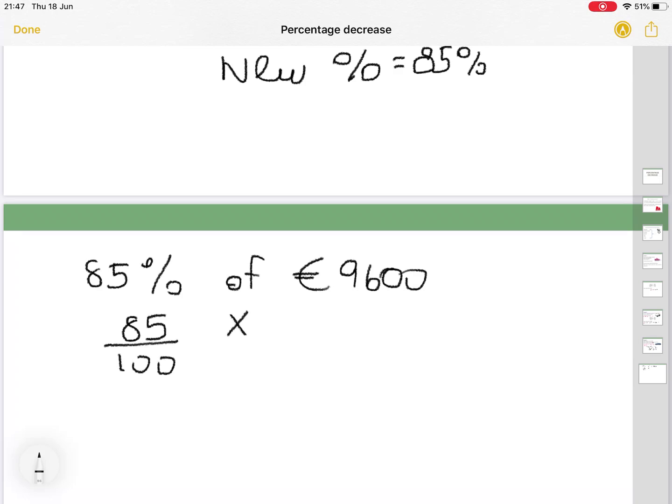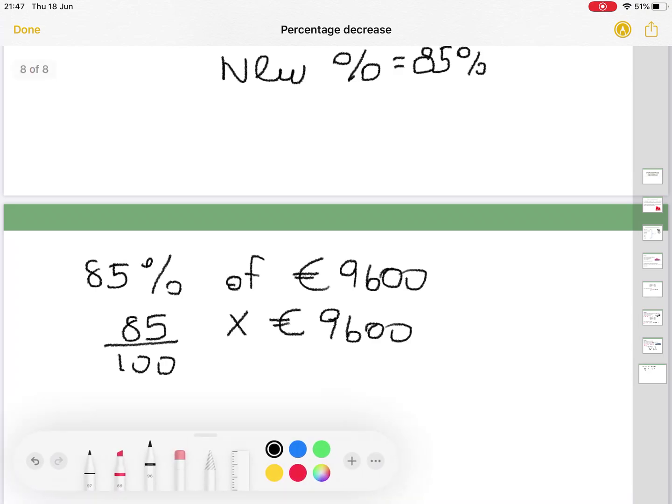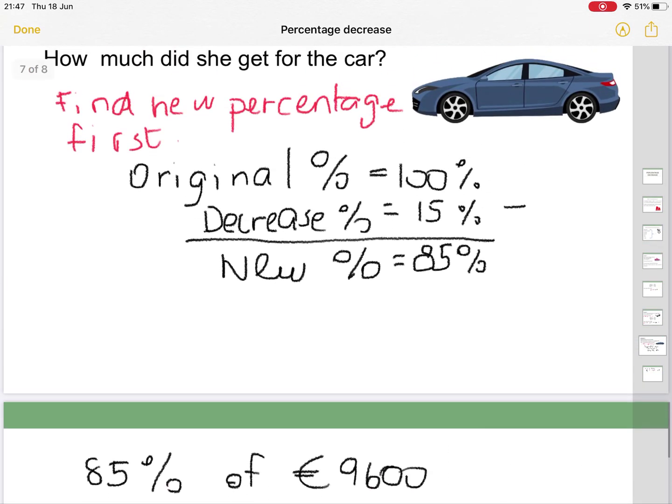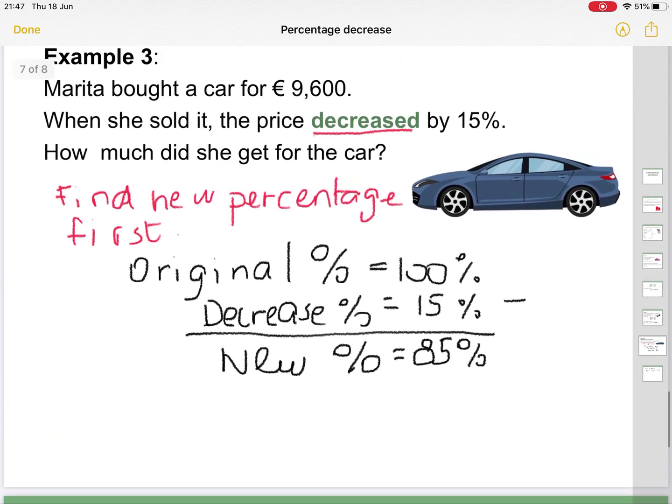Instead of "of", I use the multiplication sign, times 9,600. I can cancel the zeros of the 100 with the zeros of the 9,600. If I work out 85 times 96, I obtain 8,160.